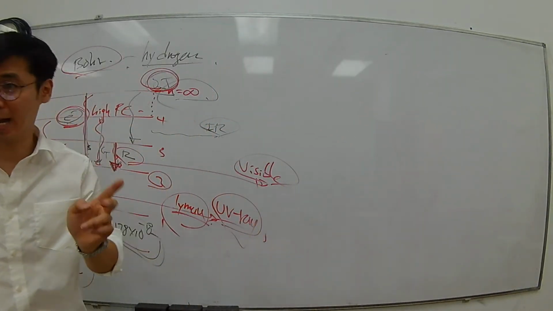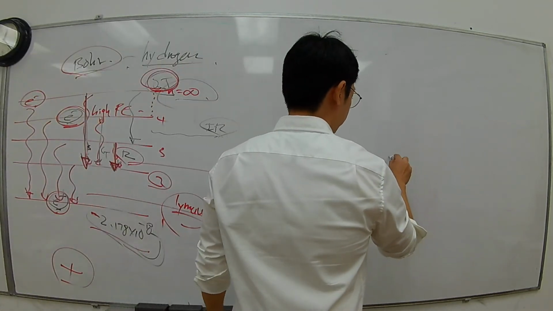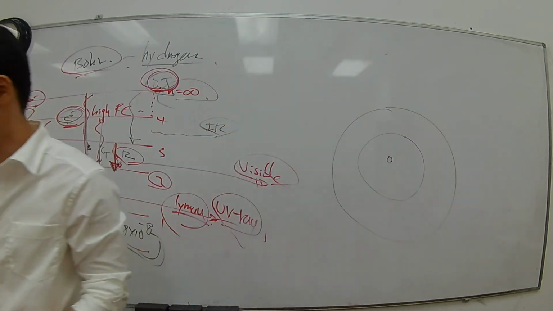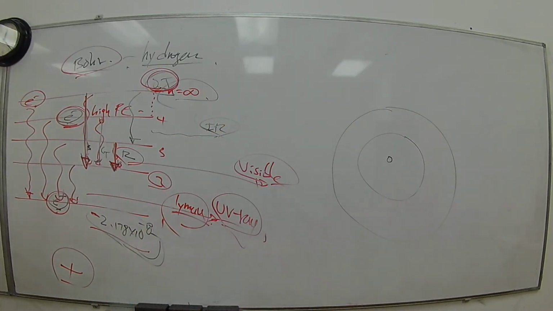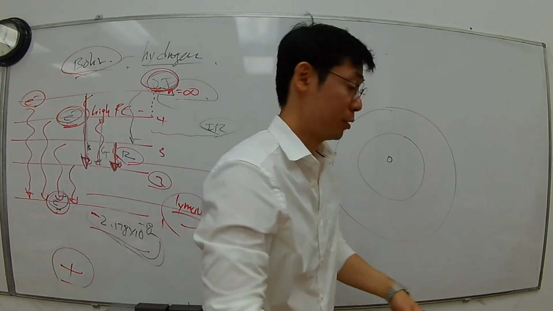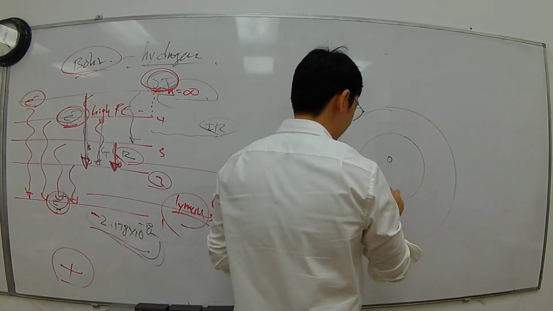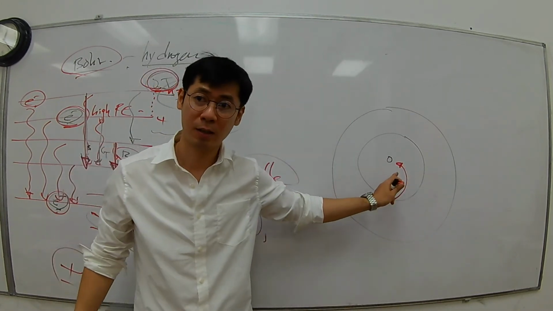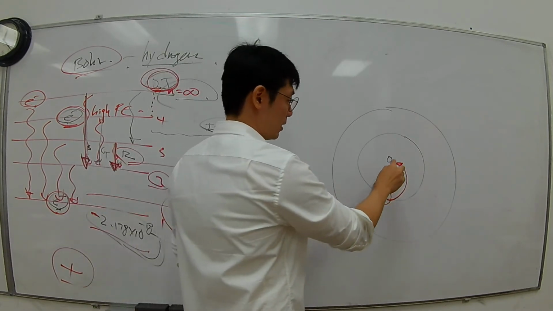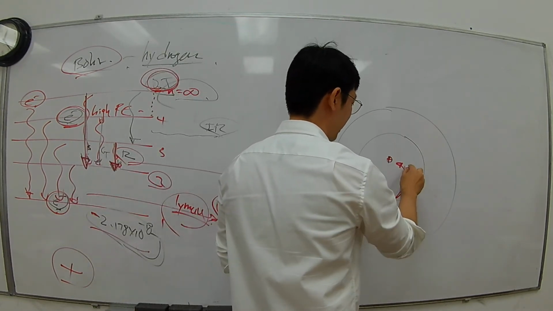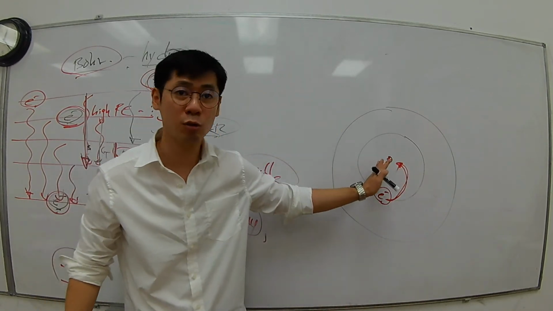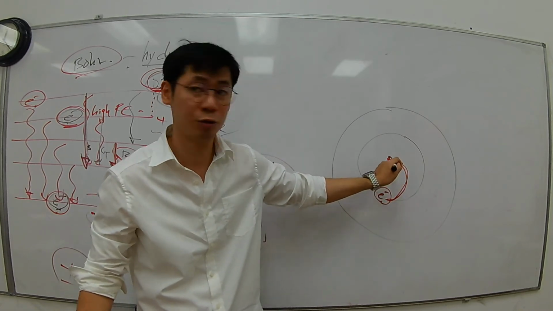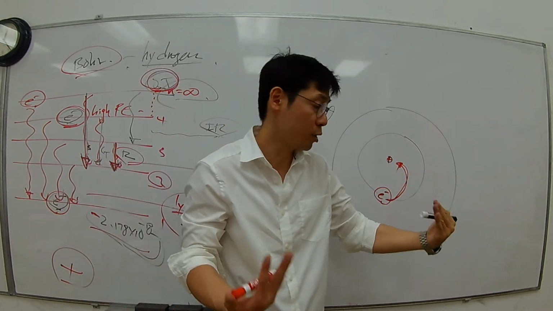The first question the physicists asked is this: why does the electron not go into the nucleus? Imagine, if this is positive charge and this is negative charge, what happens then? Why would it not hit the nucleus? Why is it circular motion? Why can't it spiral down to the nucleus? That's what they asked. A valid question, right?